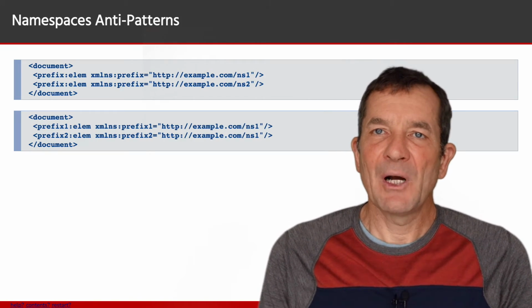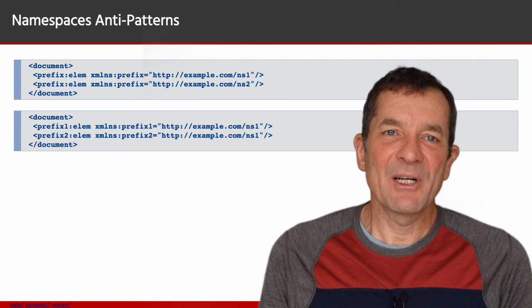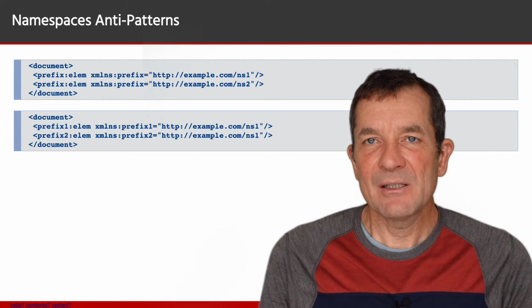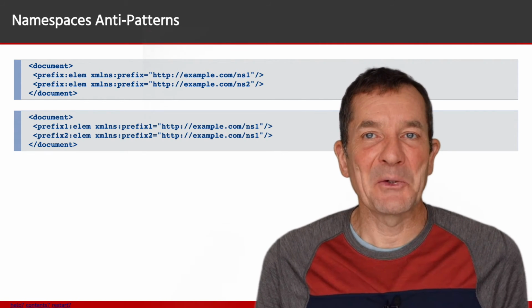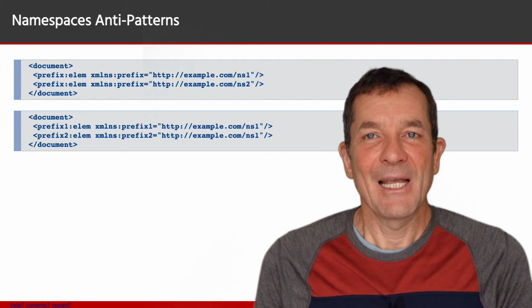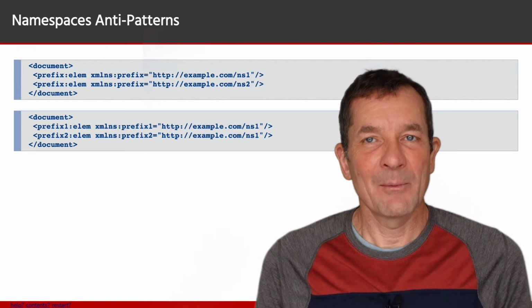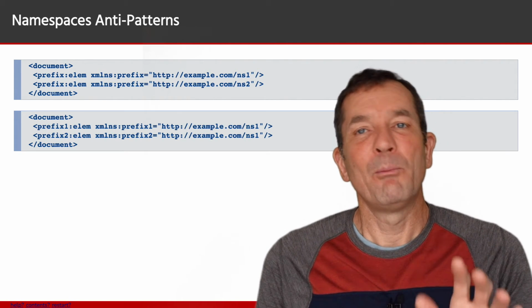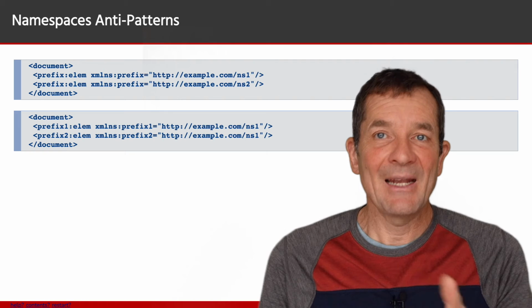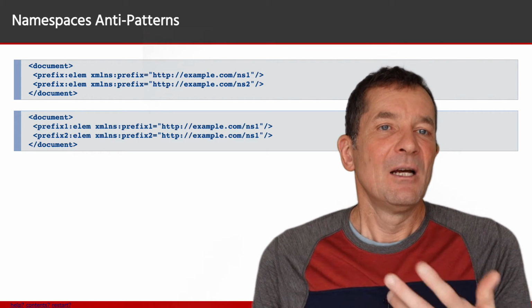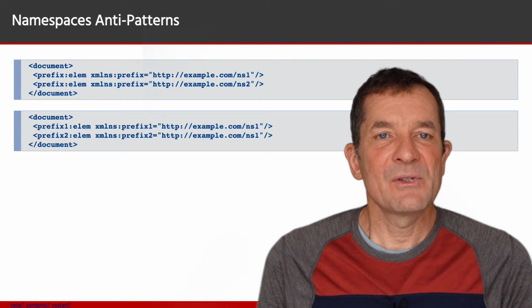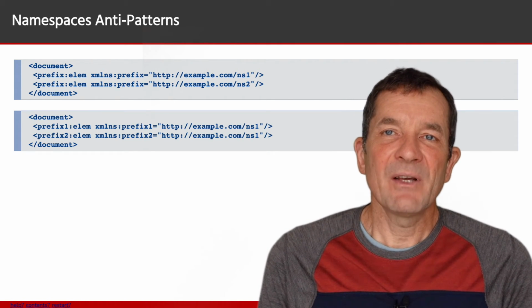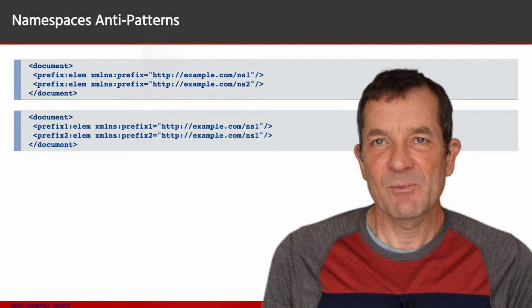And it's always informative to look at anti-patterns. To make them clearer, here I have kind of violated my own rule of always declaring namespaces on the document element. Let's ignore that for now. But the anti-patterns I want to show here are actually twofold. The first document that you see here uses the same prefix for different namespaces.